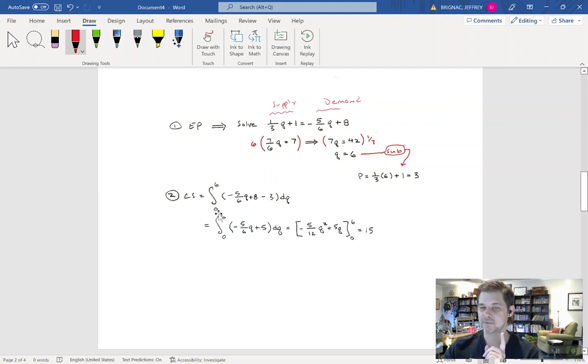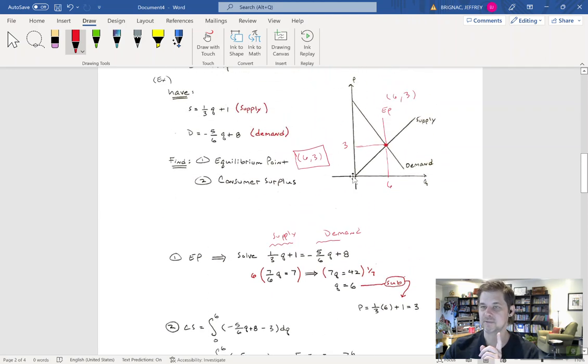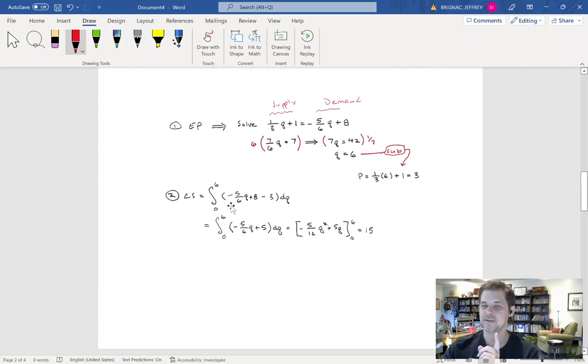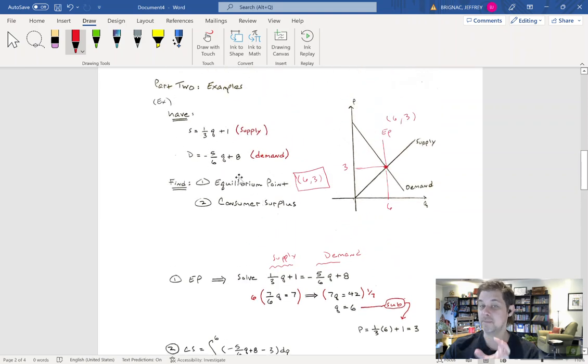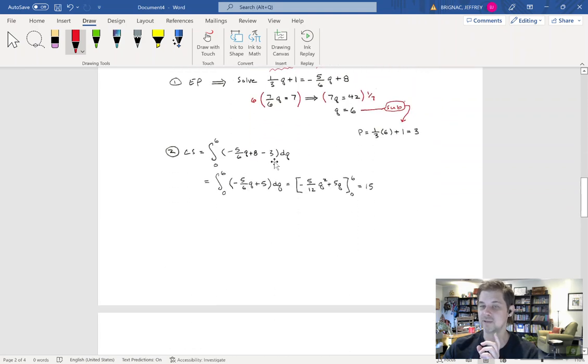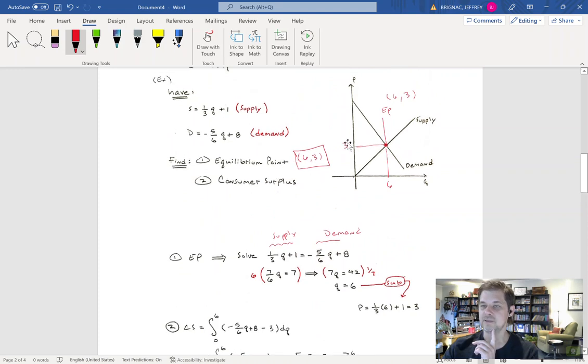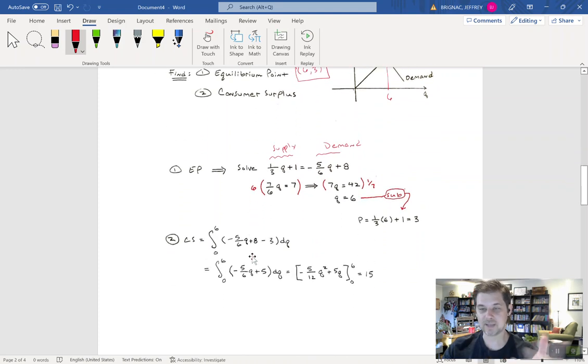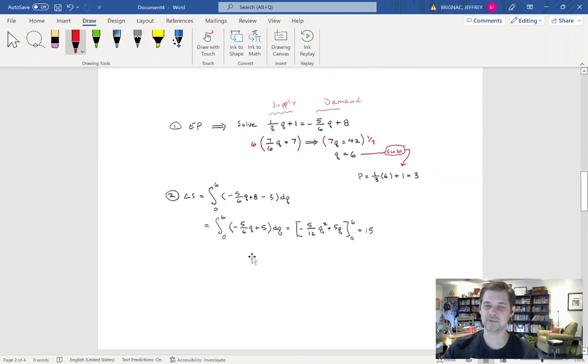My integral is from 0 to 6, the equilibrium quantity. Then what you see here, negative 5 over 6 q plus 8, that's the demand curve, and I subtract 3, which is the equilibrium price. That's that exact formula from the first page of the notes.